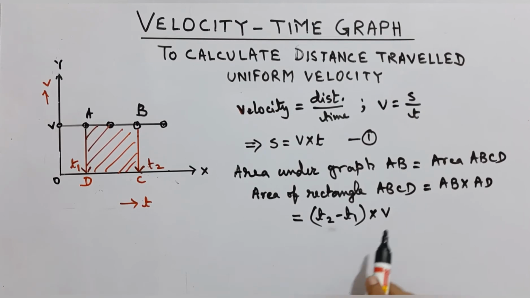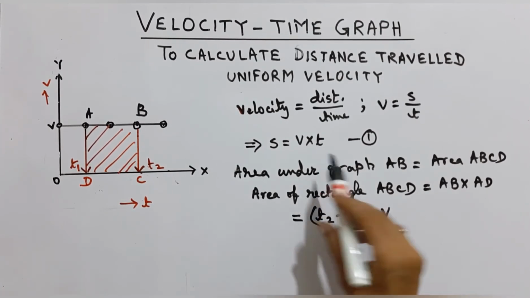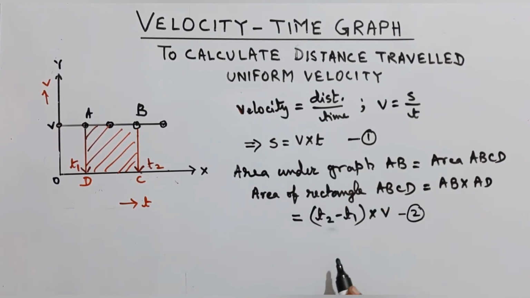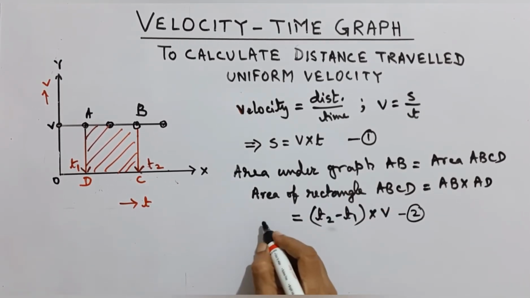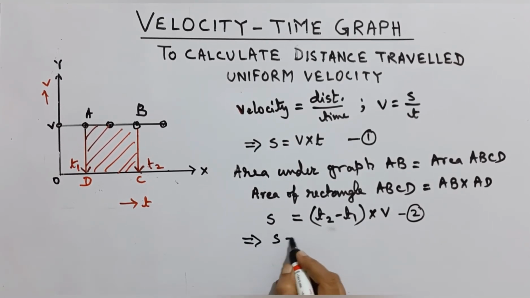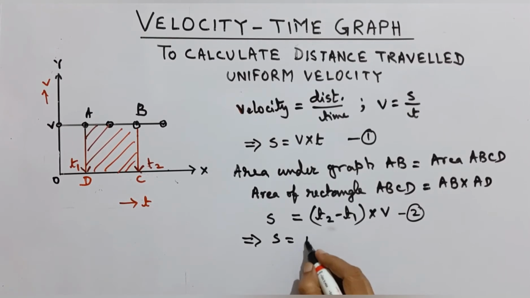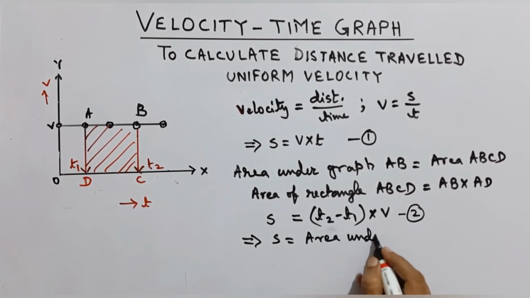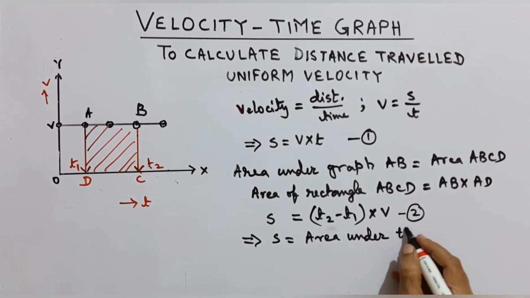Therefore, area of rectangle ABCD is t2 minus t1 into v, but this is nothing but the distance travelled. So we can say that this is distance travelled s, or s is equal to area under the graph.